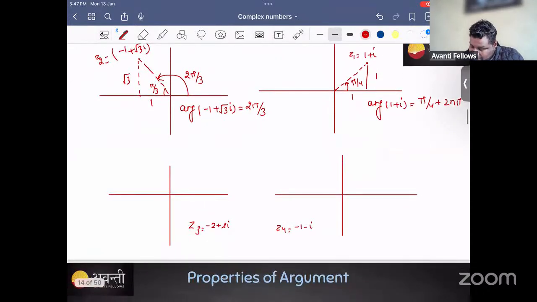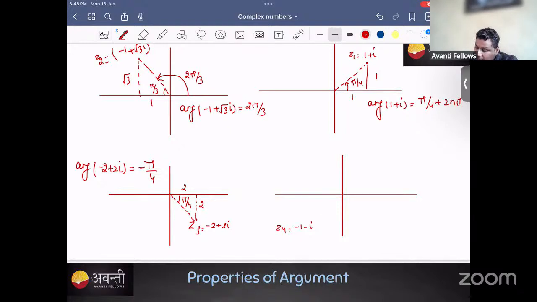Now let's come here. Say your complex number is located here. This is 2, this is also 2, so this angle is pi by 4. So the argument of minus 2 plus 2 iota is pi by 4, but a negative sign is also there because we have measured it clockwise.